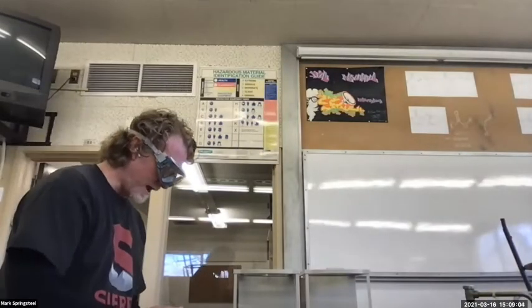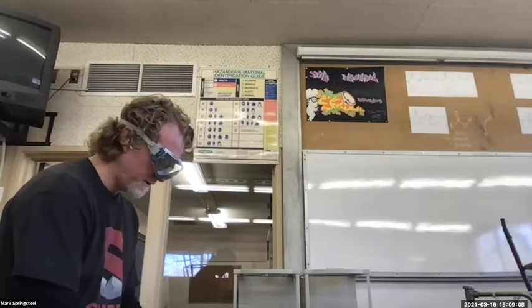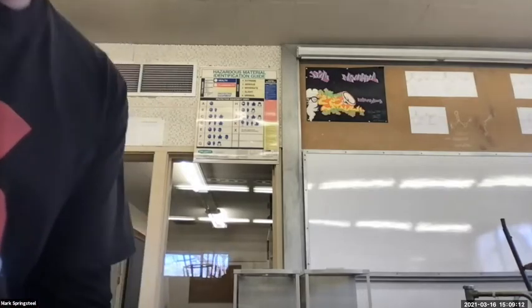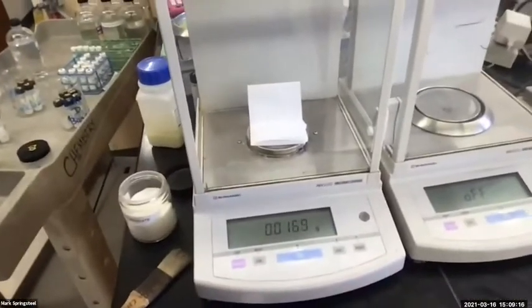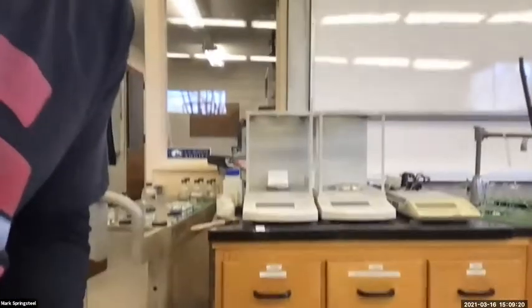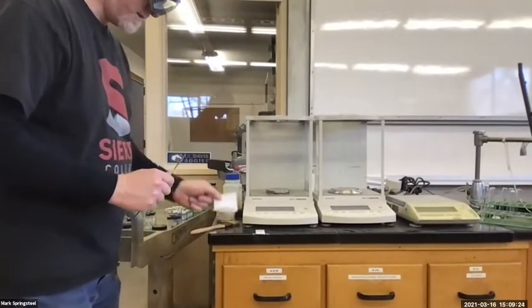I'm going to take my paper out of the scale to add it, just in case I spill a little bit. Put it back in the scale, see what we get. Oh, we're a little short, about 17 milligrams. Sorry, I wasn't angling very good there, was I? Taking my paper back out of the scale.